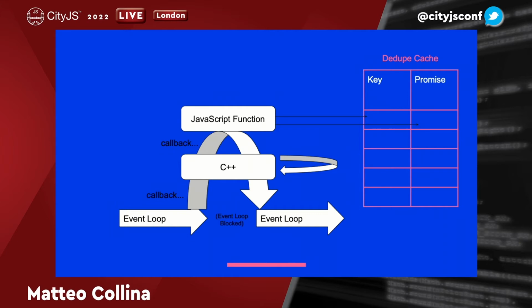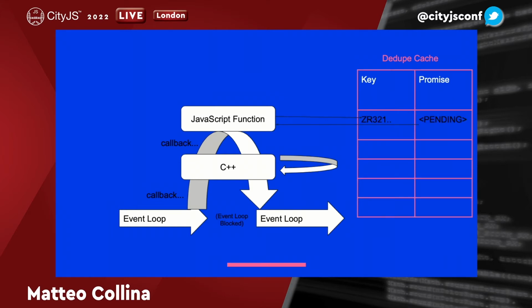So it's an async function, and we can generate a key for those arguments and then keep the promise. When somebody else calls that function again, we can check that we already have an execution of that function with the same key.